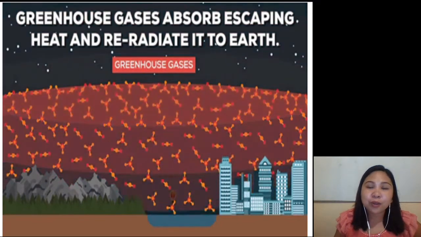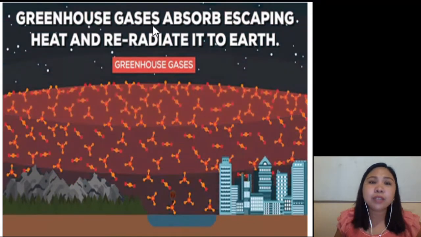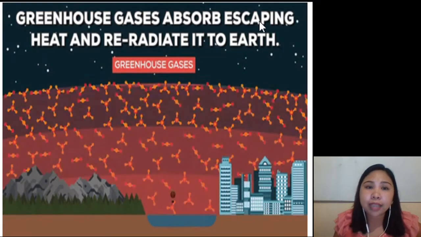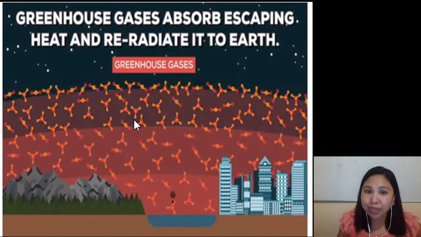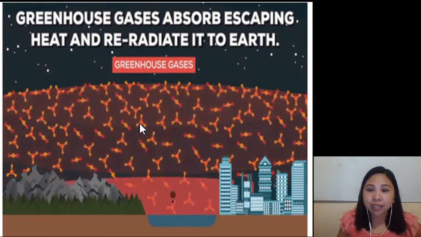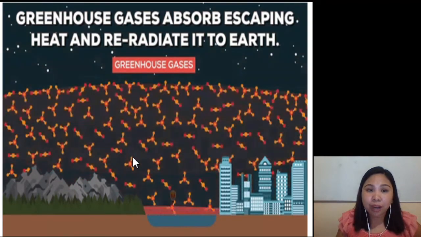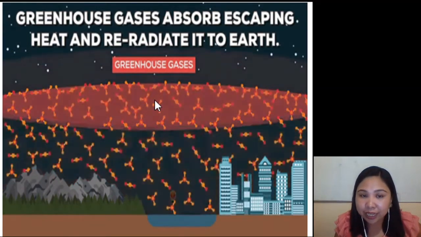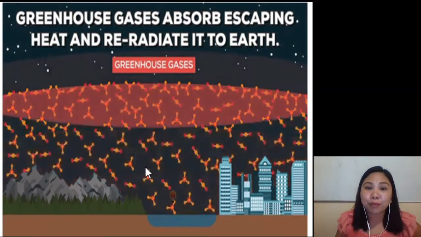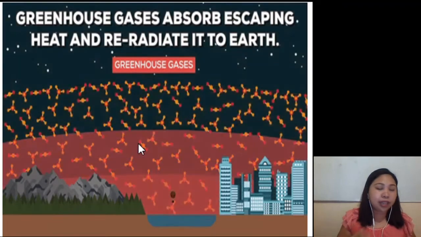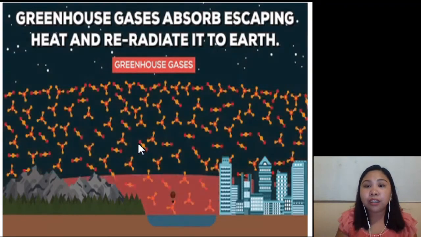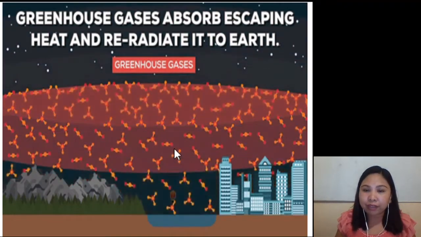These greenhouse gases absorb escaping heat and re-radiate it to earth. Eto yung animation showing how these greenhouse gases trap, inaabsorb nila yung init and then ibinabalik papunta ng earth surface. Again, because we need enough heat for us to live, to survive in this planet.